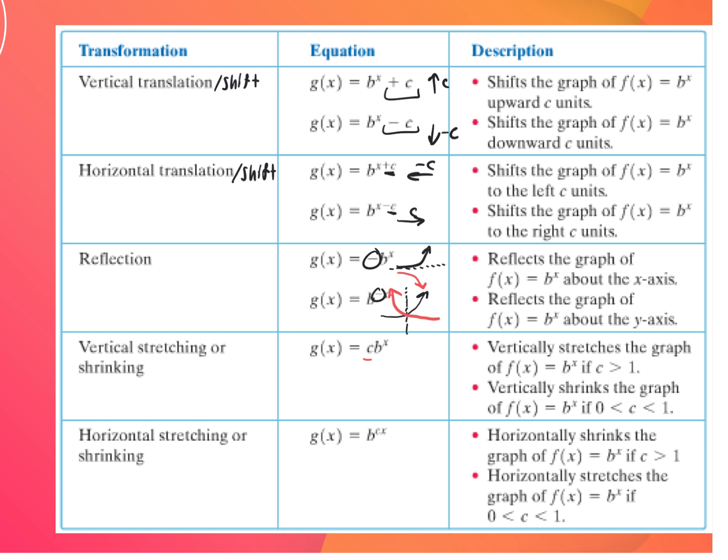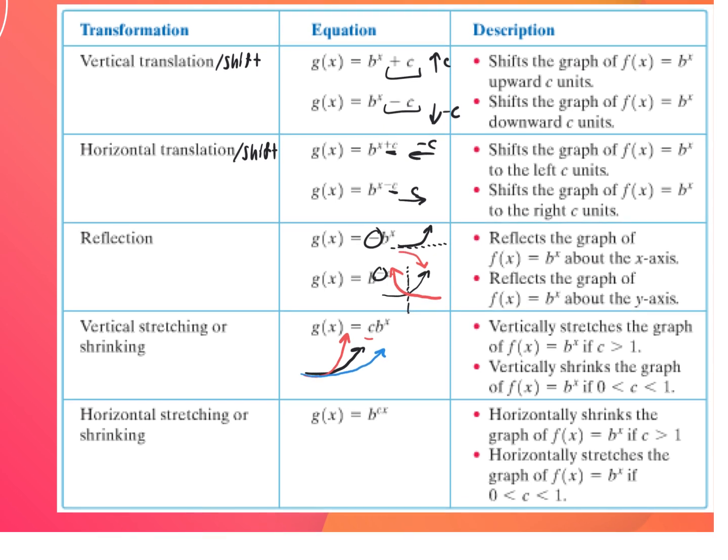So basically, if I had an exponential function like this, our stretch is going to pull it up, it's going to make it a little bit longer. It's going to look something maybe like that. And then our shrink is going to smush it down a bit, and it's going to look maybe something like that, for example.